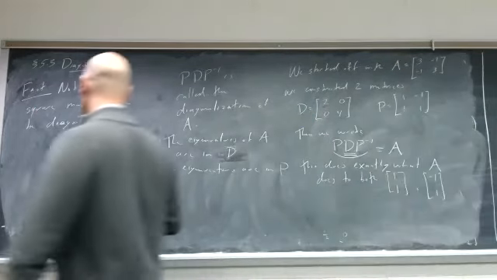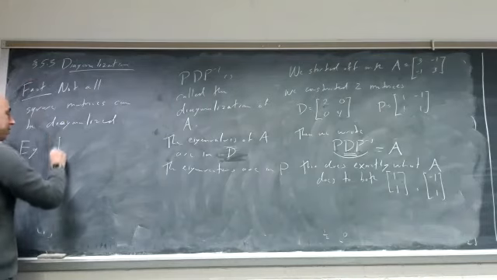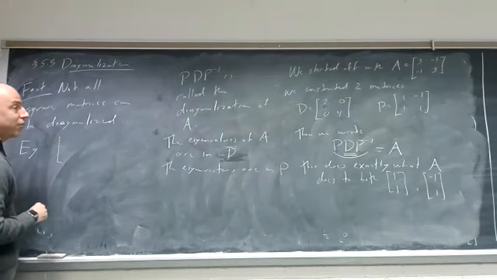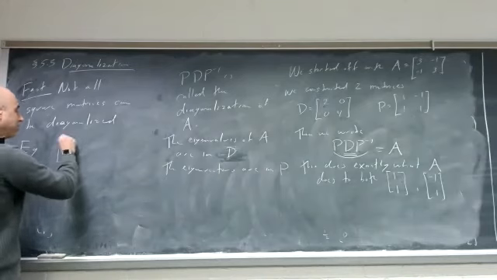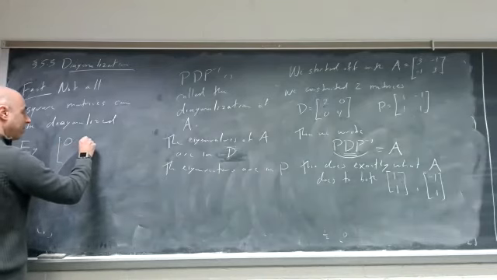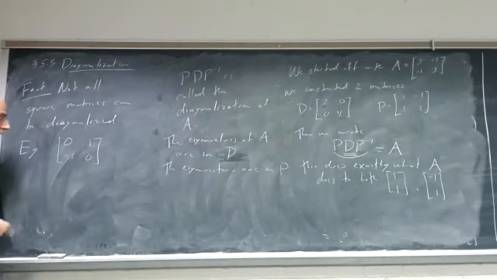For example, the matrix 0, 1, -1, 0, which is a 90-degree rotation, can't be diagonalized because it has no eigenvalues.